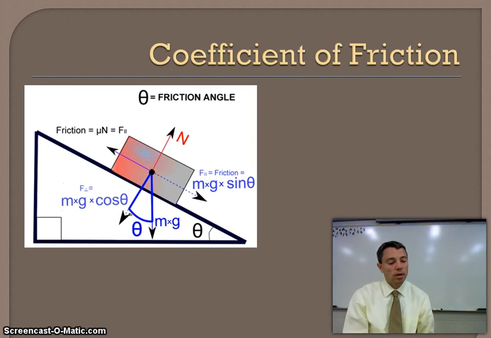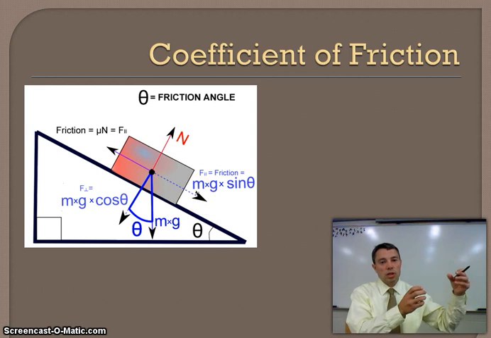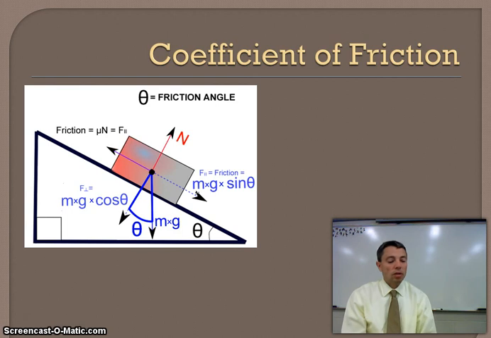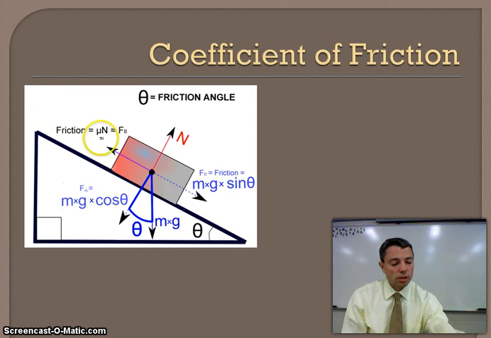That's the stationary part. And the force of friction is going to be equal to the force parallel, which means the motion is going to be constant. There's no acceleration. Now, my force of friction is the coefficient of friction times the normal force, and the normal force is nothing more than mg cosine theta.